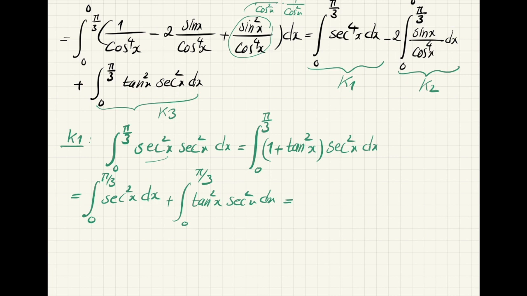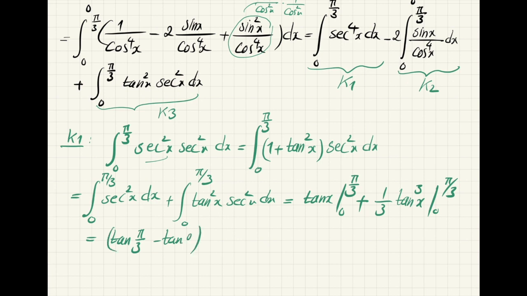Then the first integral becomes tangent of x from 0 to pi over 3, but the second one is 1/3 of tangent cubed x from 0 to pi over 3. And then this becomes tangent pi over 3 minus tangent of 0 plus 1/3 of tangent to the power of 3 of pi over 3 minus tangent cubed of 0.